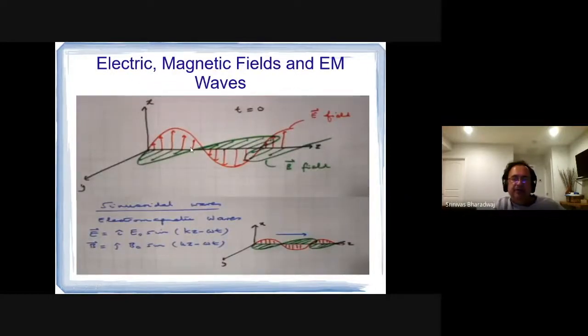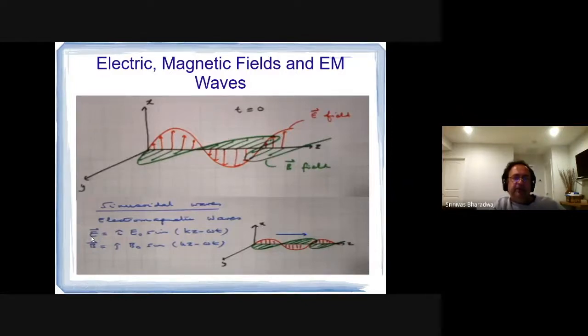So here you see the electric field is in this red color. It is in the x direction. The magnetic field is in the y direction, and the wave is propagating in the z direction.